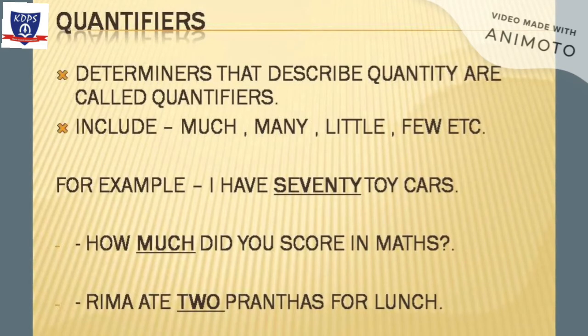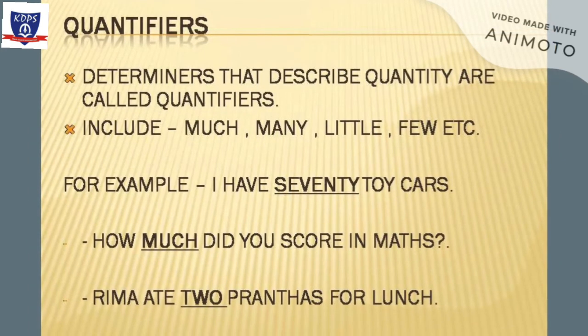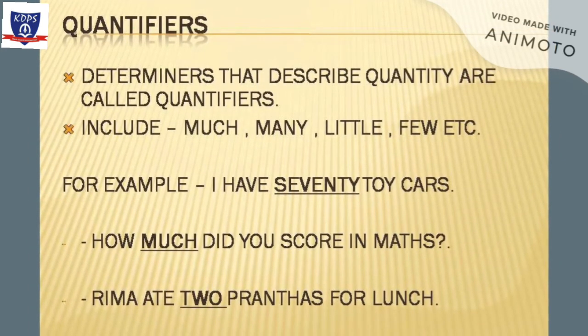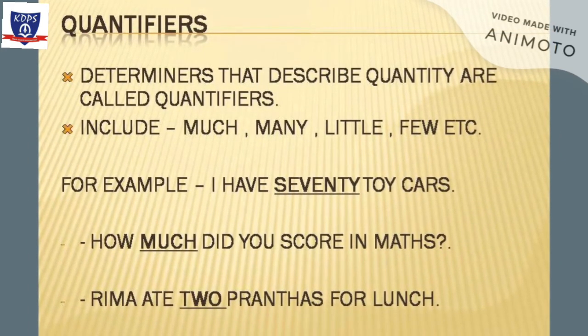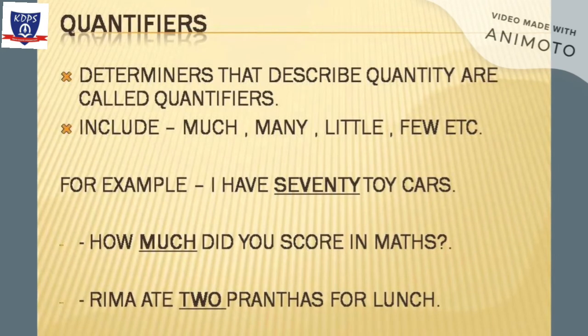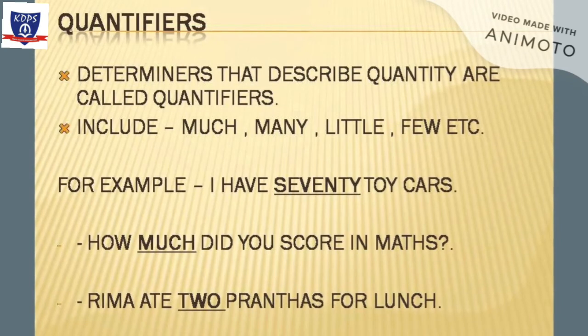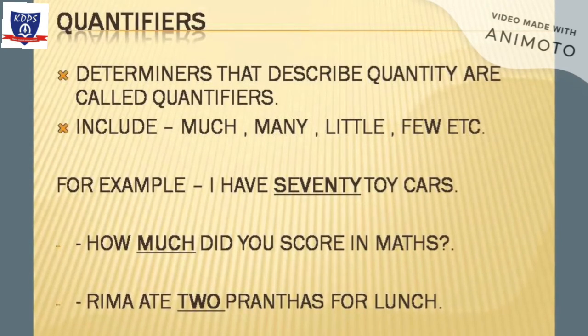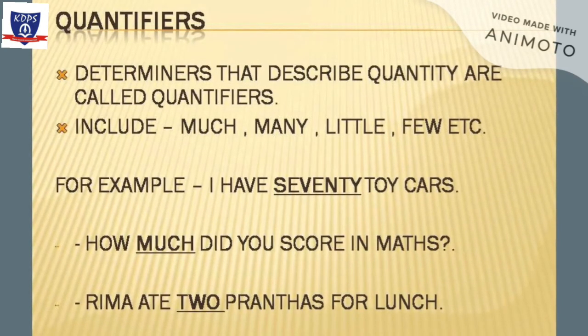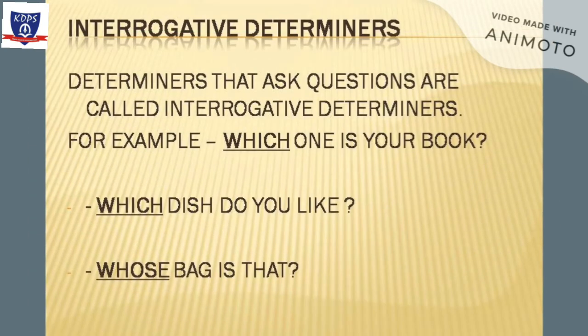My brother is 4 years old, मेरा भाई 4 साल का है, so 4 becomes here again a quantifier. Rima ate 2 parathas, रीमा ने 2 पराठे खाए, so 2 here becomes a quantifier again. So clear, the determiner which tells about the quantity is the quantifier.